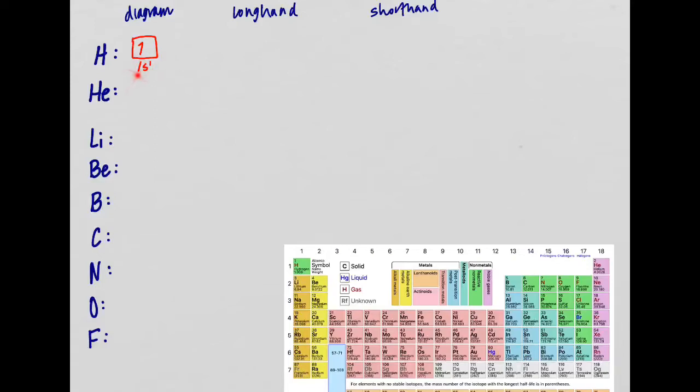1 means n equals 1. S means I'm in the S sublevel, and this little 1 up here is called a superscript. Subscript is below, superscript is above. That means I have 1 electron in this orbital.